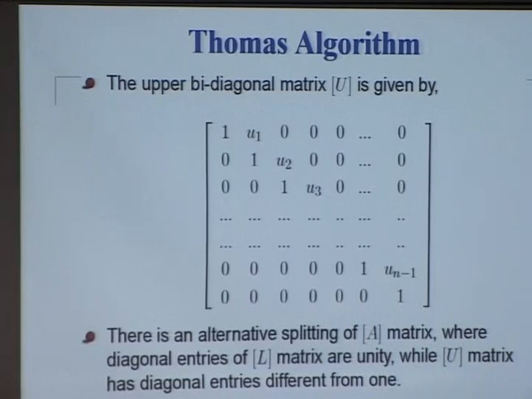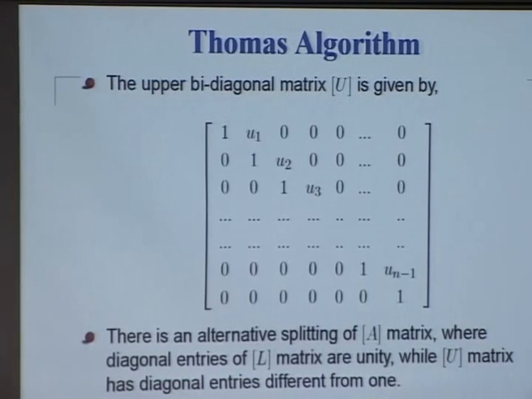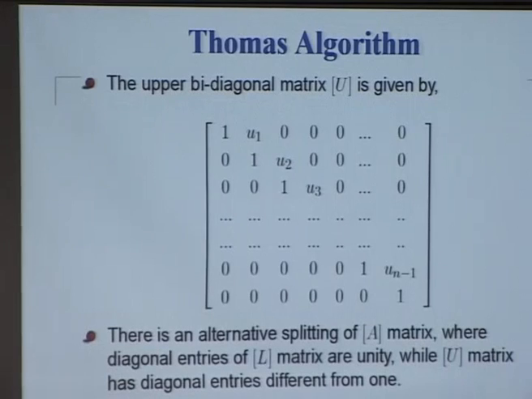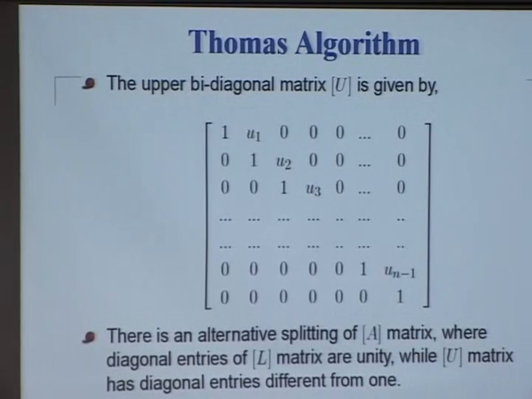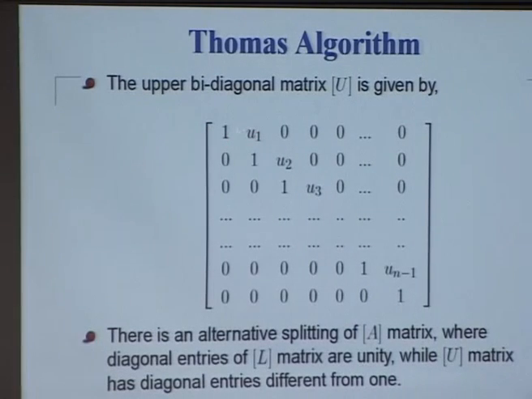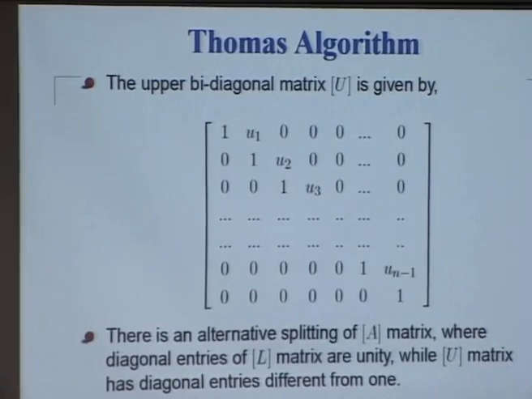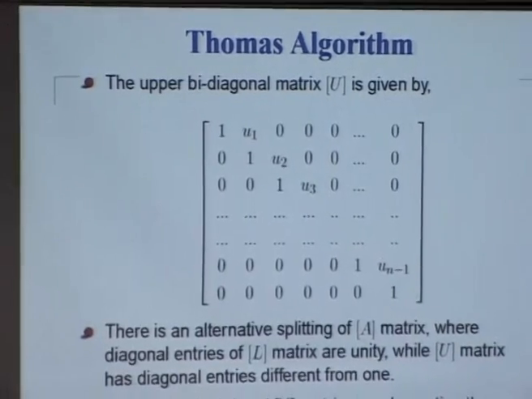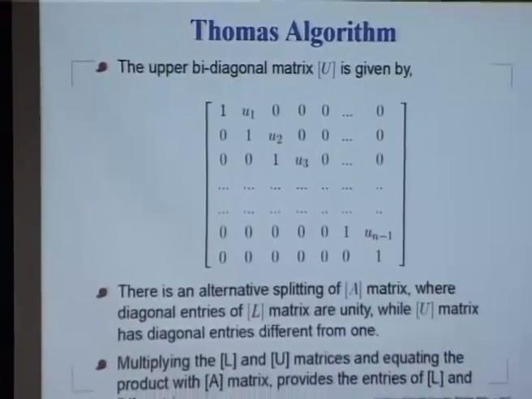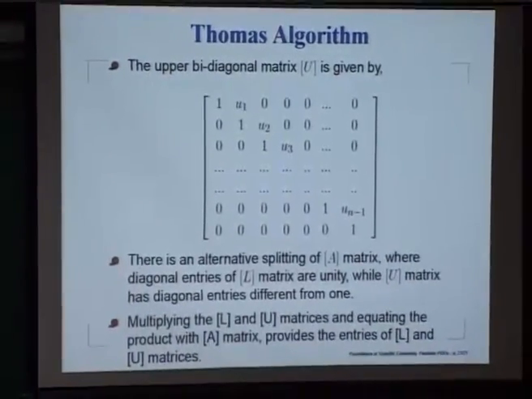Upper triangular matrix will also have a similar structure by analogy. The lower triangular part will be 0 completely, and the diagonal part here I could have some value, but what I have done here is basically divided that by the diagonal part, so that the diagonal entry has become unity and the super diagonal entries are written as u1, u2, up to u n minus 1.